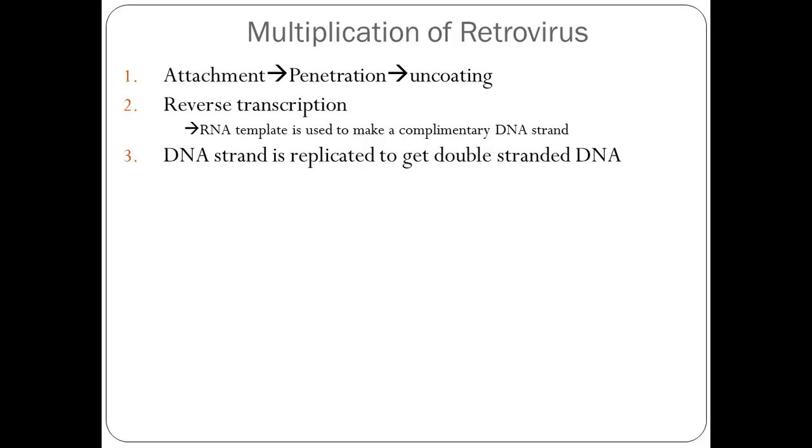We're going to use the enzyme reverse transcriptase. Reverse transcriptase takes that single-stranded RNA and makes a complementary strand of DNA. From there, that DNA strand is then converted into a double-stranded DNA. So we started off with an RNA. We're going backwards, a backward mode of nucleic acid replication.